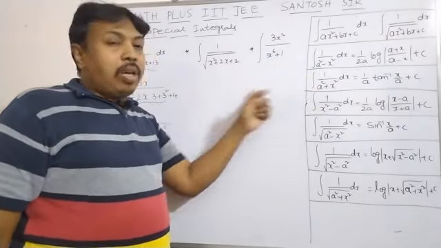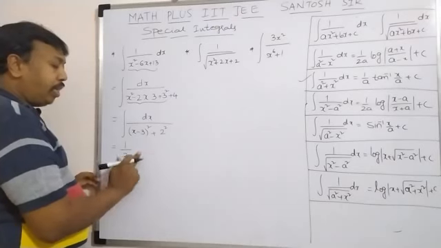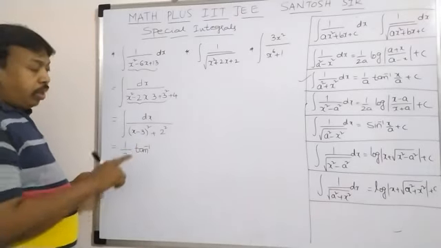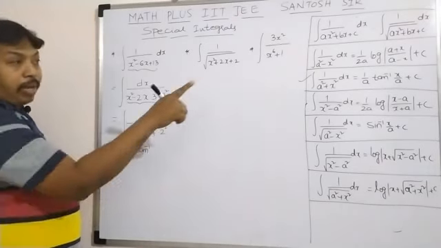So the formula is 1 upon a, that is 1 upon 2, into tan inverse x by a, where in place of x we have the linear function x minus 3, upon 2, divided by the derivative of x minus 3, that is 1, so no need of doing any division, plus c. So very simple this is.